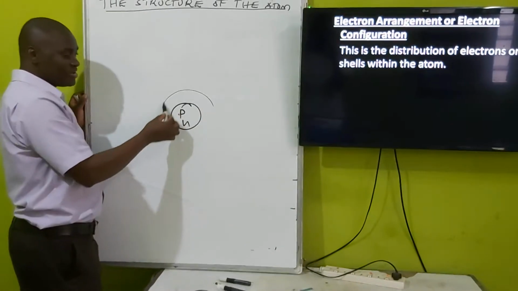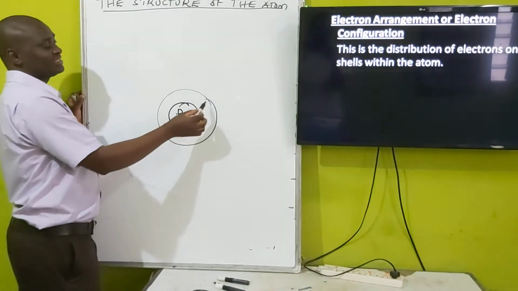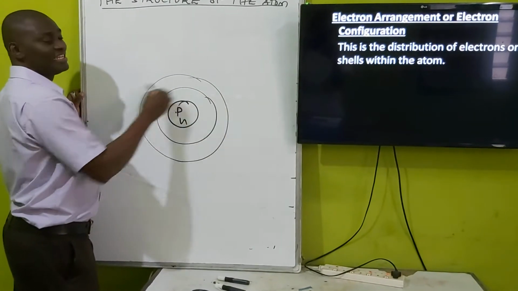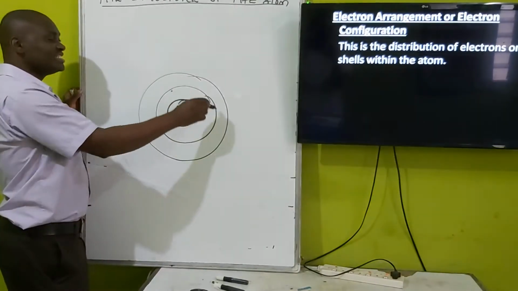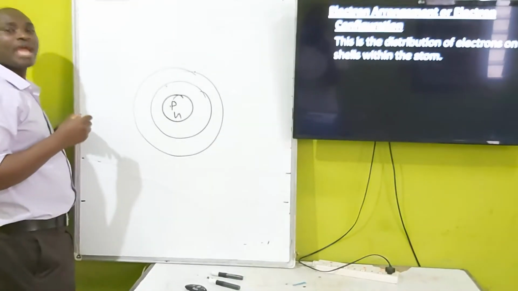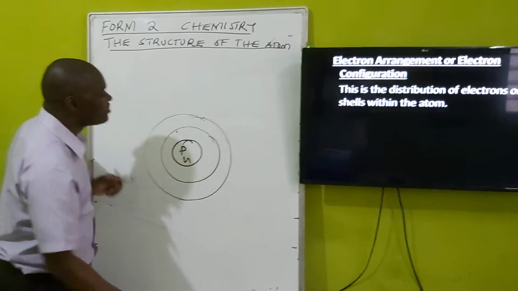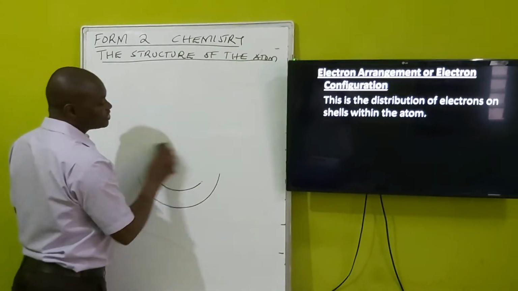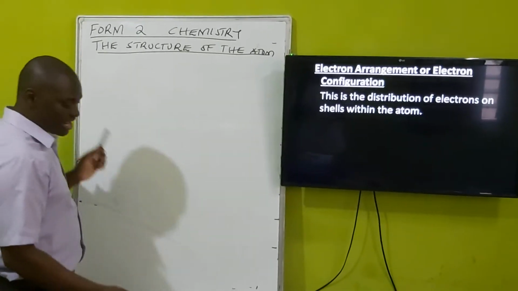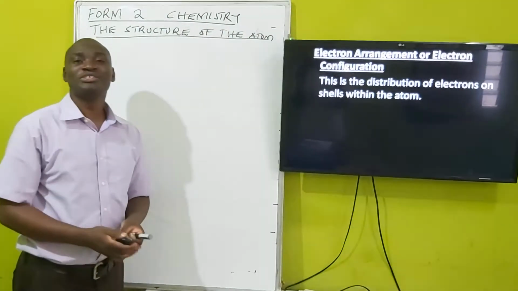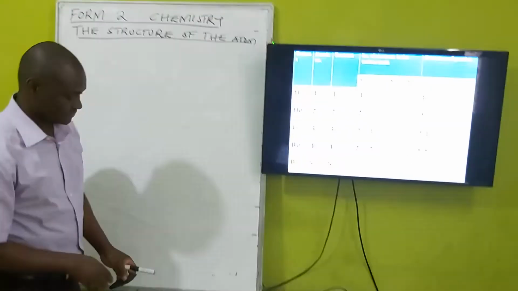And then surrounding the nucleus are the energy levels. On these energy levels, we have electrons revolving around the nucleus. So we are going to see the electron arrangement of the first 20 elements.